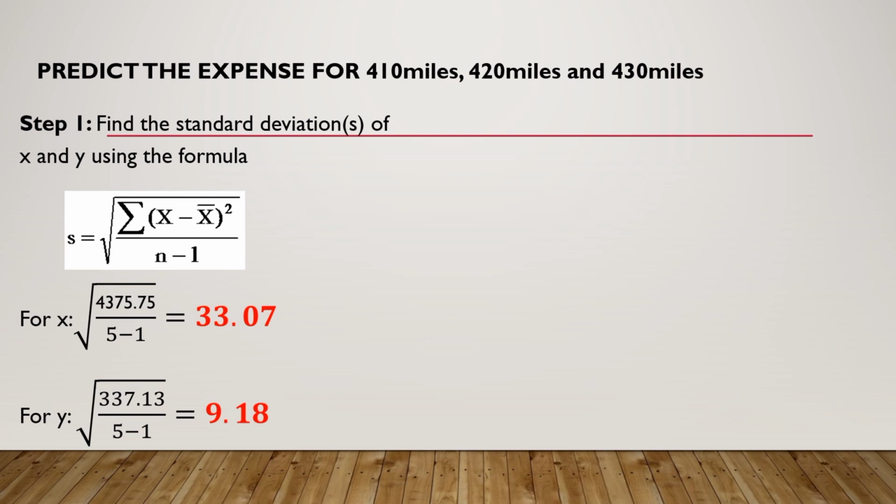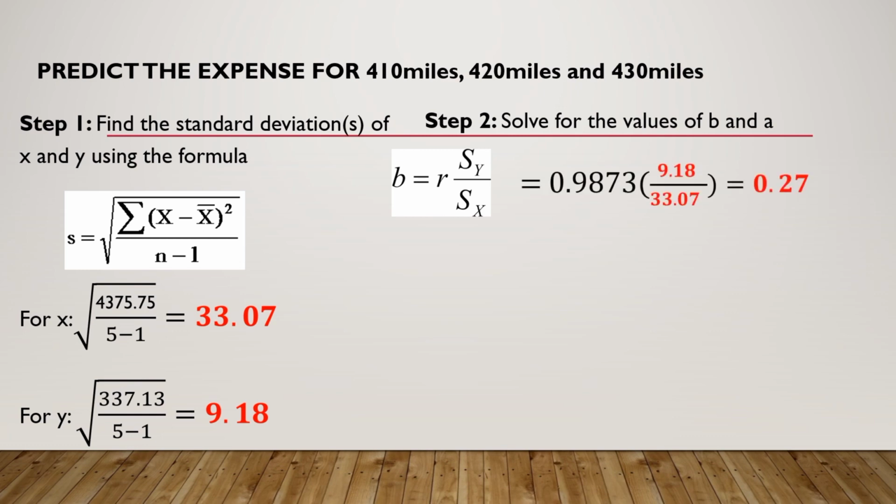Then after getting the standard deviation of x and y, step number 2, solve for the values of b and a. For b, that is r times sy over sx, since we have already solved r a while ago and we now have the standard deviation for x and y. Let's just substitute: 0.9873 times 9.18 over 33.07.